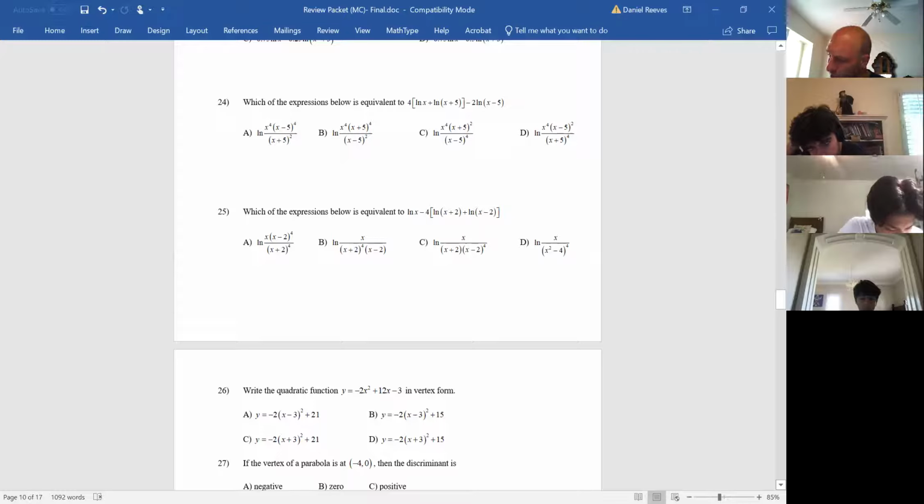I'm gonna put completing the square. Which is definitely not the only method I could possibly solve this one with. Maybe I'll just write vertex form.